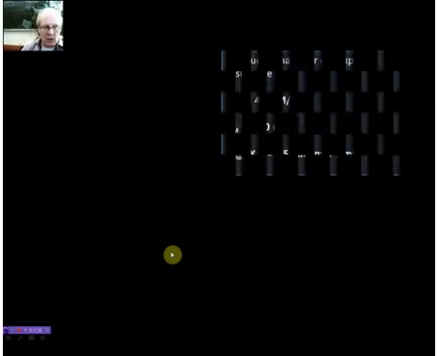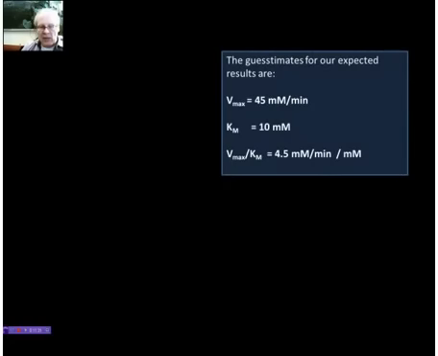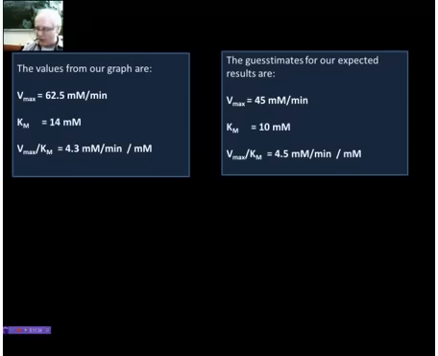So if we do our calculations, we get the following data. For the Lineweaver Burk plot, we get a Vmax of 62.5. Note, in the plot we get it as 1 over Vmax, and we have to calculate it backwards again in order to get our Vmax, because we are not interested in a 1 over Vmax, we want to know the Vmax. So if we do that, we get 62.5 millimolar per minute.